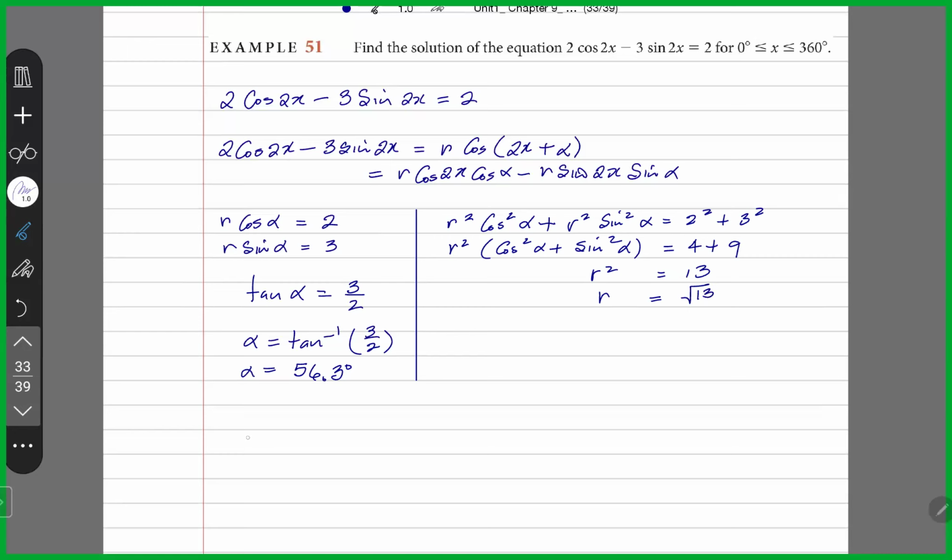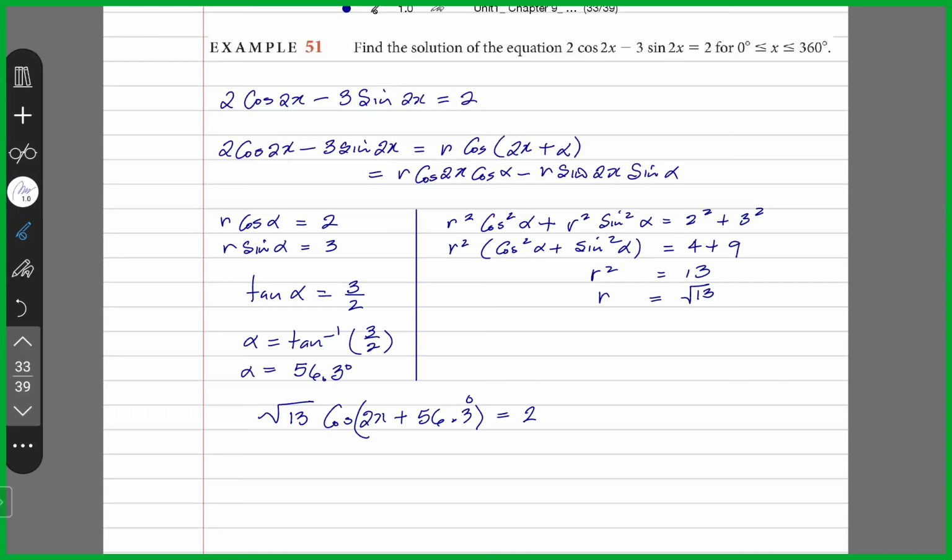And so my equation is now root 13 cos 2x plus 56.3 is equal to 2. What I did was to start by expressing 2 cos 2x minus 3 sine 2x in the form r cos 2x plus alpha.